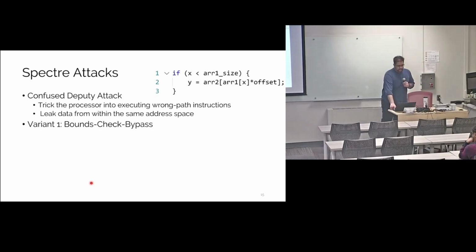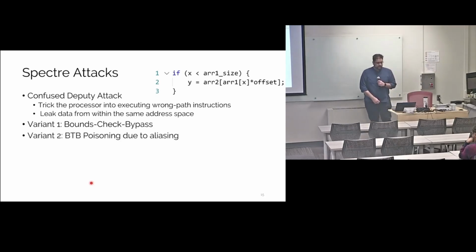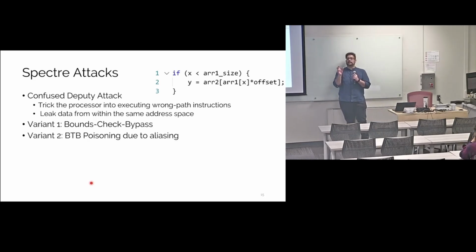There's another variant, which is the BTB poisoning. Here the issue is that your branch predictor, you don't access it using the full 64-bit address. You access it using a part of the address. And why do you do that? That's because you need the indexing logic to be small.